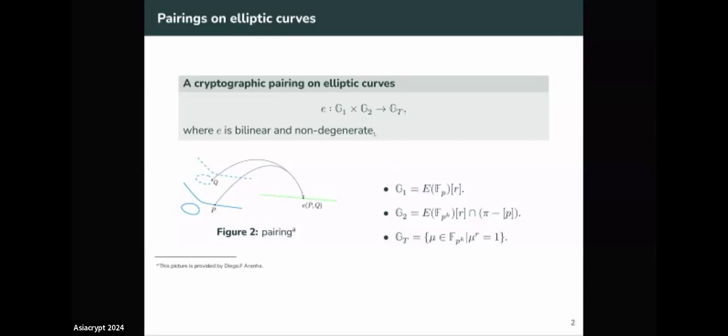We usually call it the type-3 pairing. The group GT is a subgroup of a finite field Fp^k. The integer k is the embedding degree of the curve. If the pairing maps the points P and Q to a value e(P,Q), then it maps the points aP and bQ to the value e(P,Q) to the power ab.